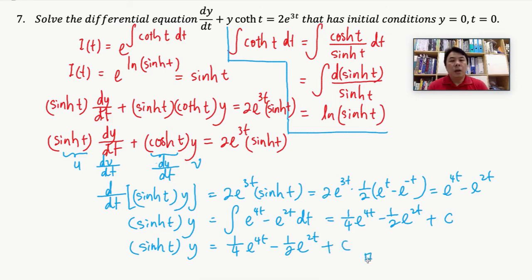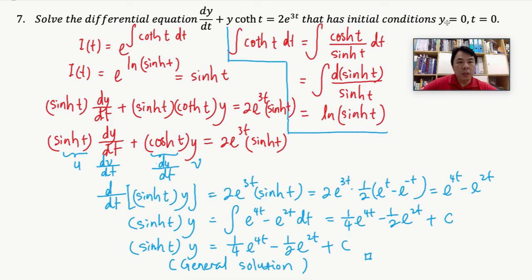Now that will be our general solution. At this point, I should point out this is a general solution to this problem here. Alright. Now, we are also given the initial condition, so that shouldn't be a problem.